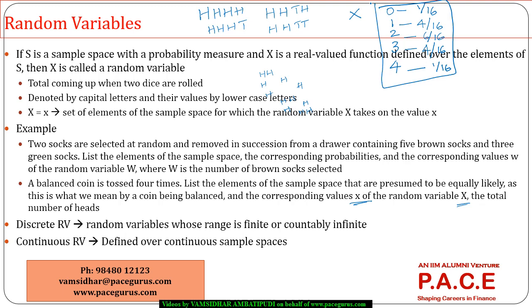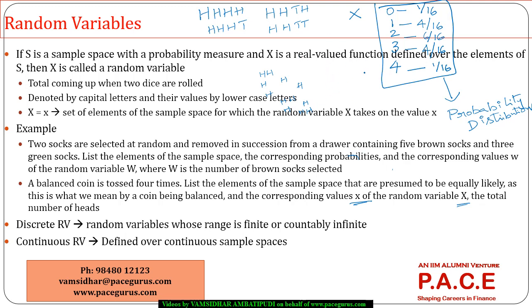I'm seeing how many times that aspect is coming up, what are the different values that could be taken by the random variable, and what is the probability associated with each. So this is typically called a probability distribution, right? This kind of table that I am making is called the probability distribution associated with the random variable.